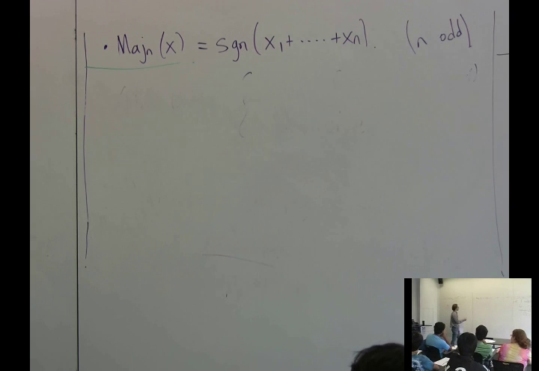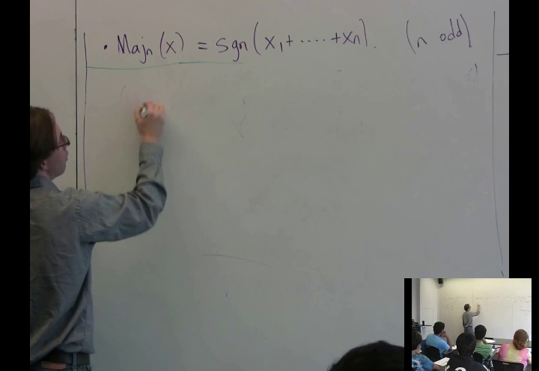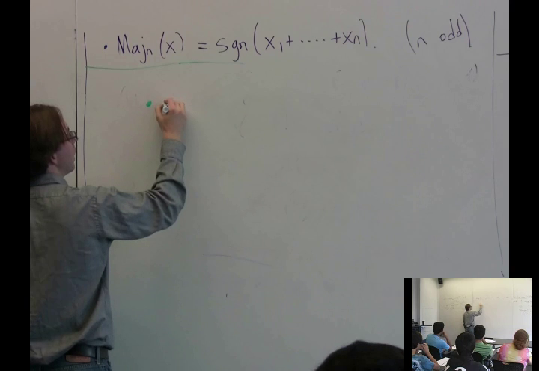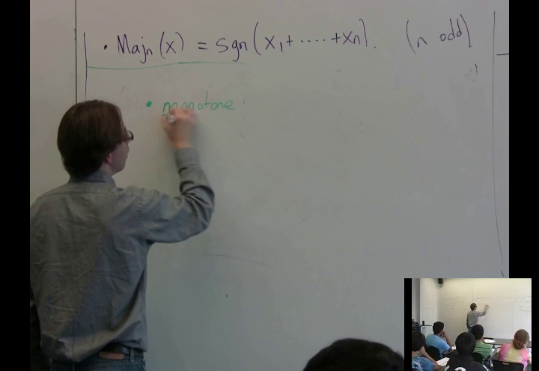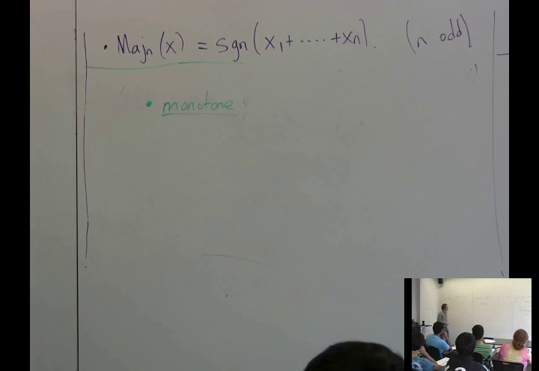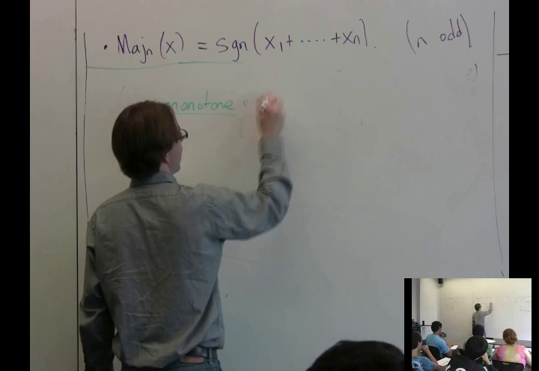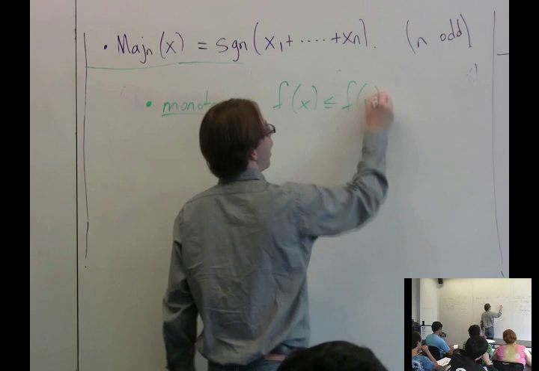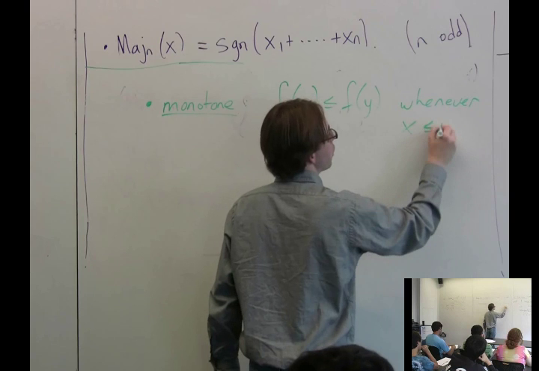So here are some basic properties that you might think a reasonable voting rule should have. And these are also nice properties of Boolean functions. This is really a bunch of definitions. It can be monotone, which is sometimes called positively responsive in the social choice literature. And that just means that f of x is less than or equal to f of y whenever x is less than or equal to y pointwise.